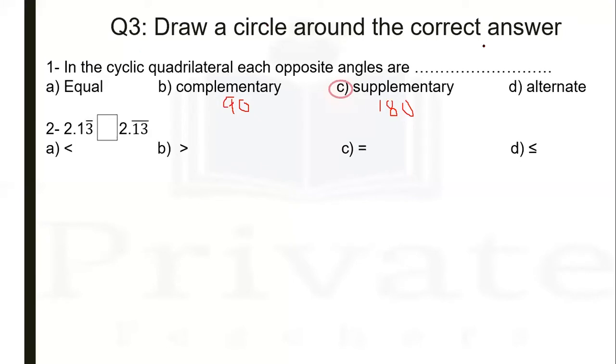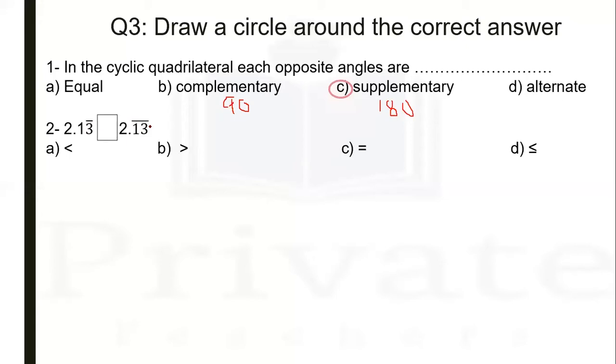Number two, we will put the suitable sign: 2.13 bar. Look, the bar here is only above the 3, and here the bar is above the 1 and the 3 together.